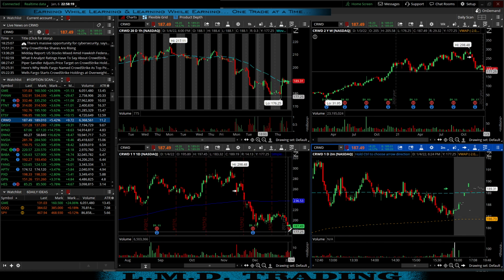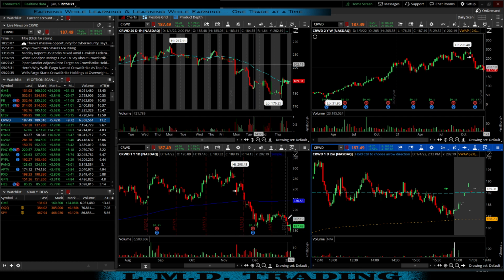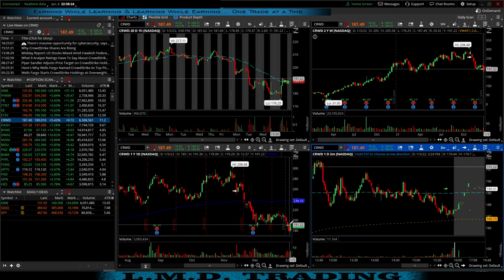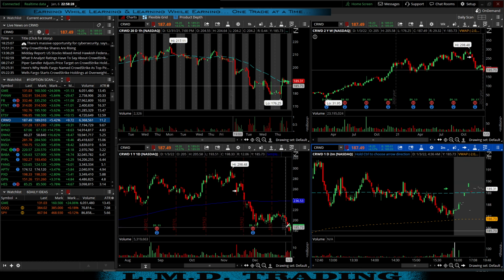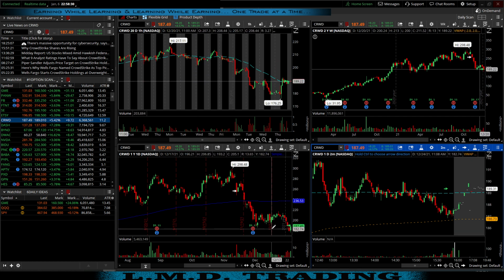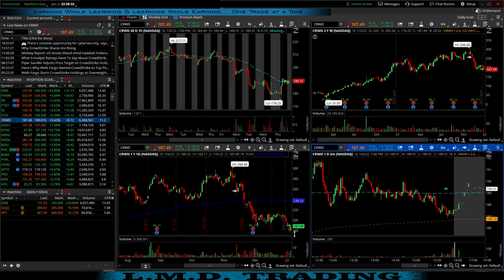We see that we would be gapping over this red candle. That's pretty good, but we are gapping into this junk right here. So again, like Facebook, if we don't have many ideas, those are ones that we could add and just kind of keep an eye on.